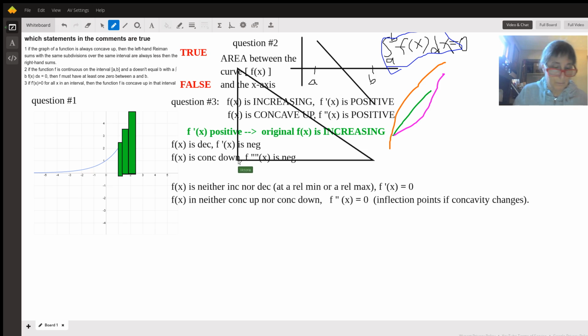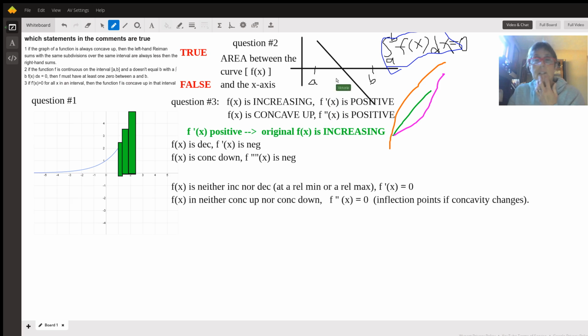Anyway, this area, I'll make it red. This area here is the same amount of area, but it's negative, as this area here, which is the same area if I'd drawn it perfectly, and it's positive, and this plus this will equal 0.